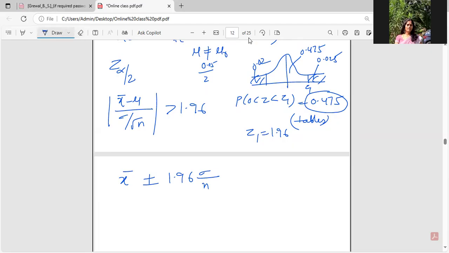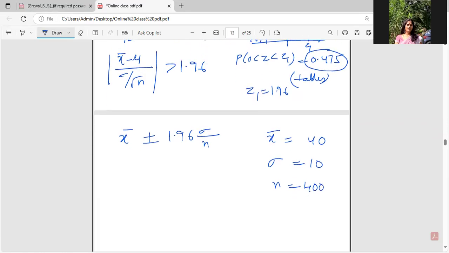Suppose I have x bar equal to 40, sigma equal to 10 and n equal to some 400. So how will my confidence interval be? Just see here, guys. 40 plus or minus 1.96 times sigma 10 by root 400.